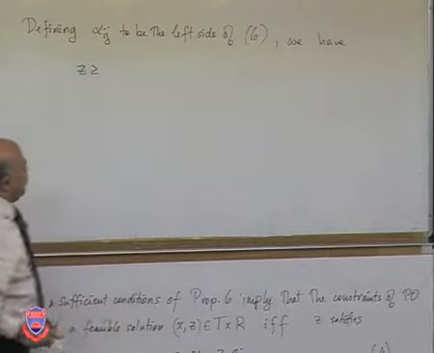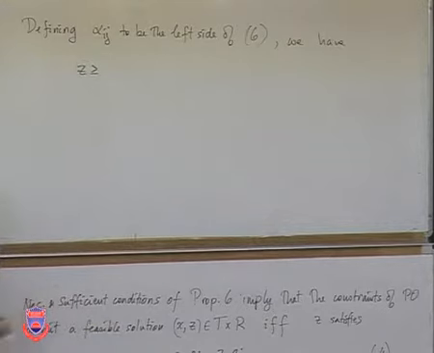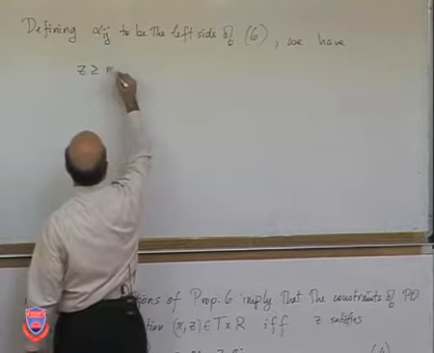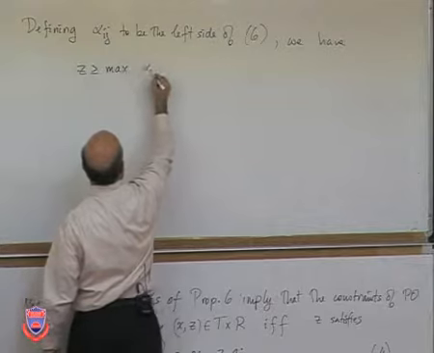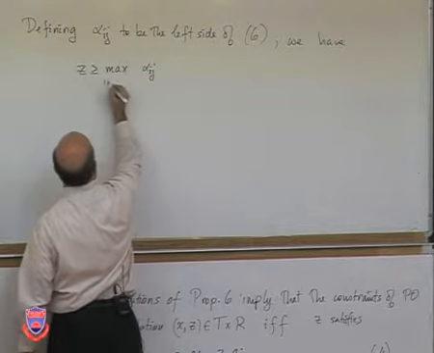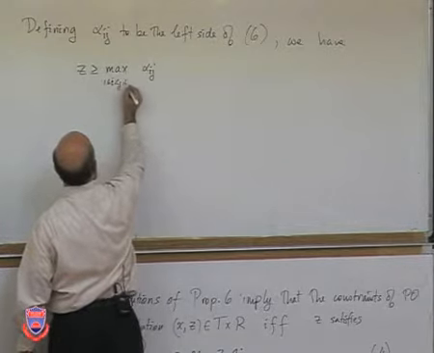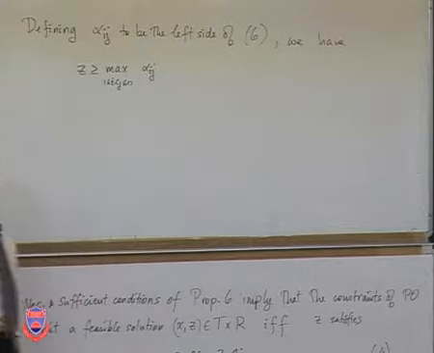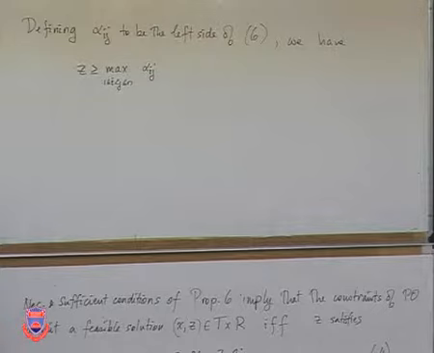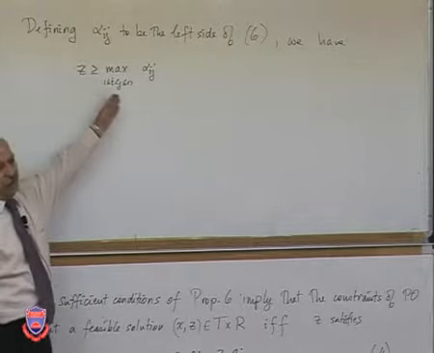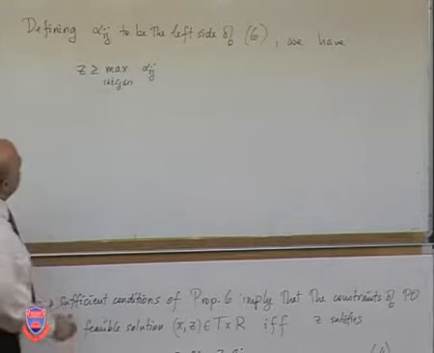Well, z is required to be greater or equal to each alpha ij, so z is greater or equal to the maximum of these alpha ij's. And since you're looking for the minimum such z that permits a feasible solution, of course, the minimum z is obtained by equating, okay?